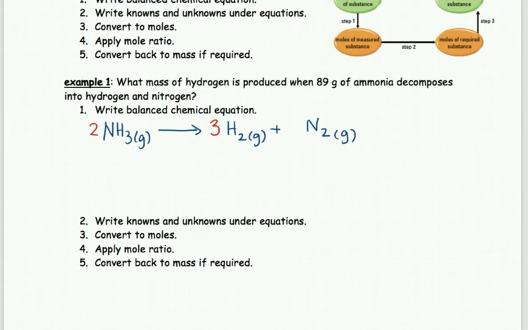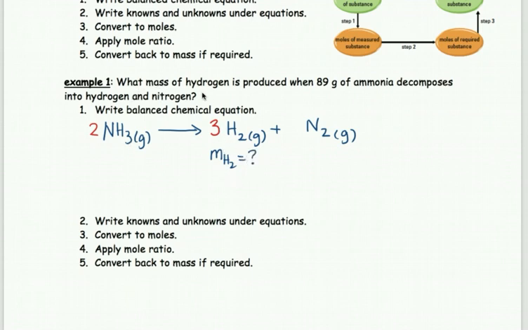The next step is to find the knowns and the unknowns, the given and required pieces of information. So we need to find the mass of hydrogen, so I'll just jot that down underneath. Just a reminder, you need to find this here.